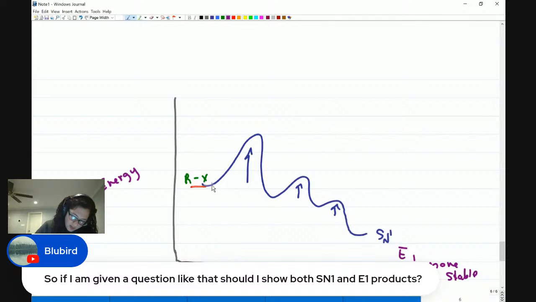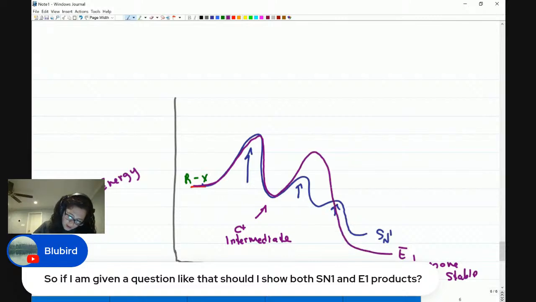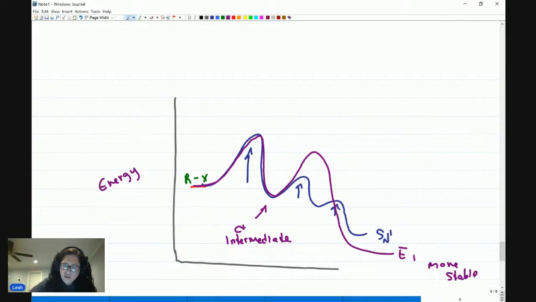The first one is the carbocation formation, which will be exactly the same because that's the carbocation intermediate. The second one, and again, I'm making up these values because I don't know the numbers off the top of my head, will be higher. There we go. Good question, because yes, the carbocation is an intermediate for both of them.